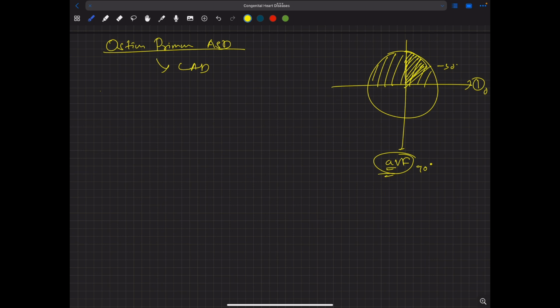So in lead AVF, QRS complex will be negative. In lead 1, QRS complex has to be positive, so that I can shade this whole area.